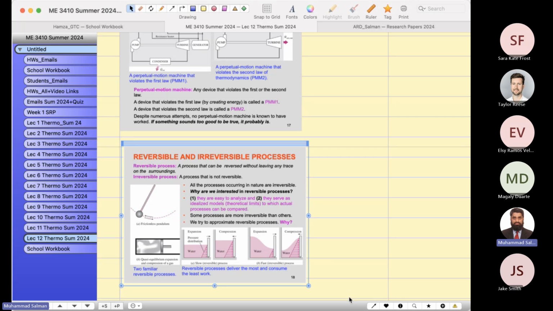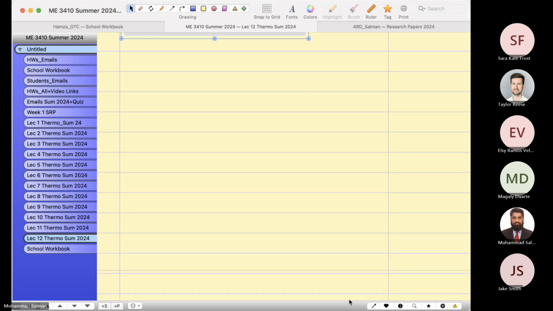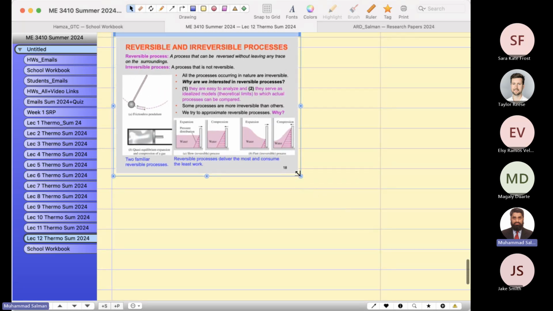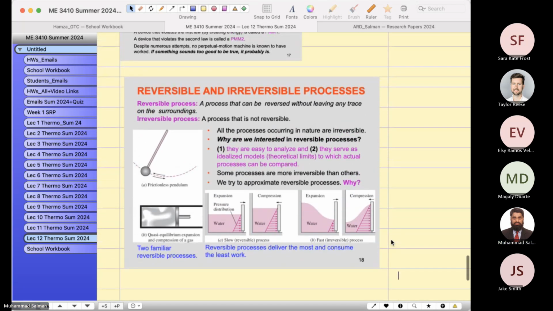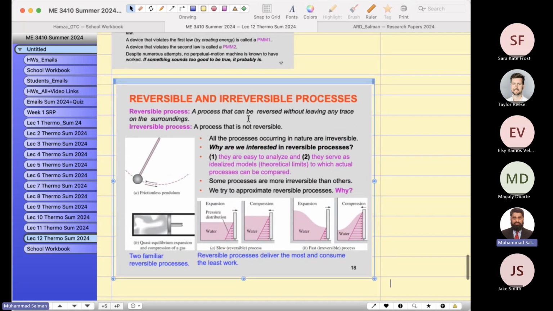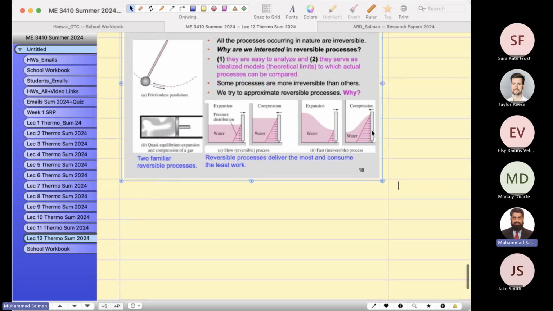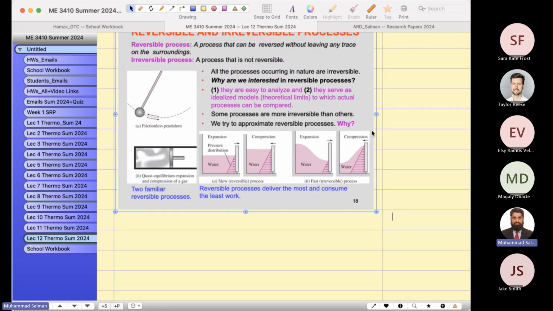Another thing, reversible and irreversible processes. This concept is important. So what is a reversible and irreversible process? A reversible process is one that can be reversed without leaving any trace on the surroundings, and an irreversible process is a process that is not reversible. It is true from its definition, it is very clear.